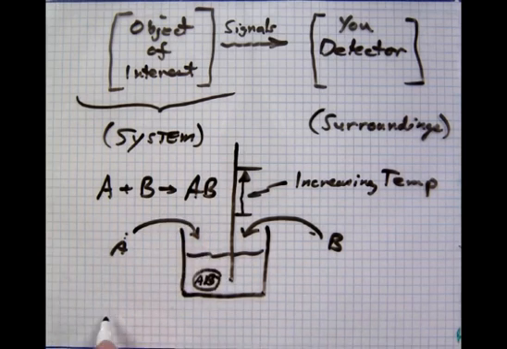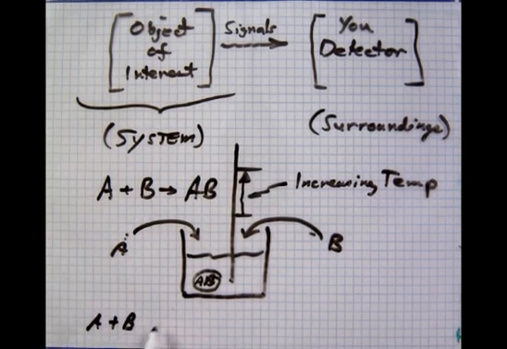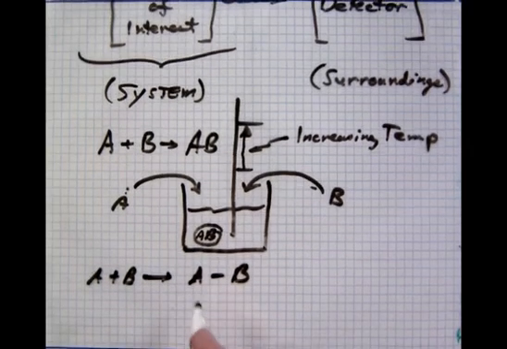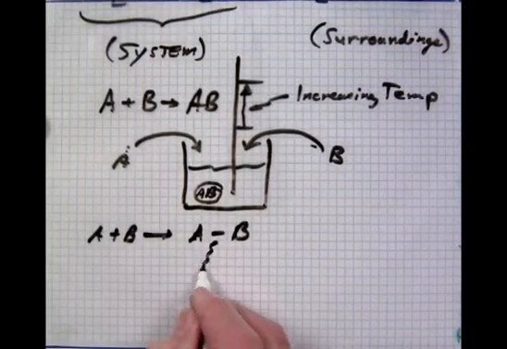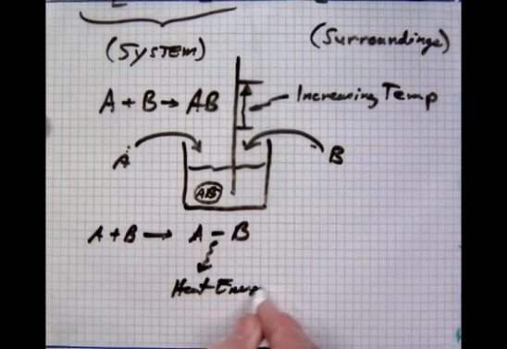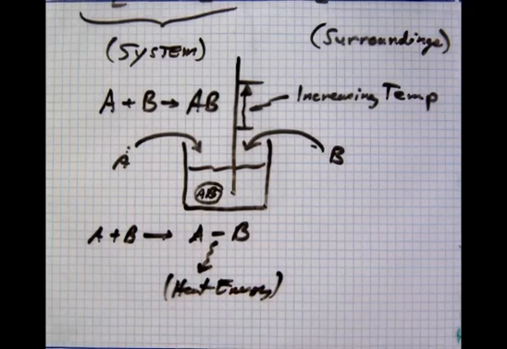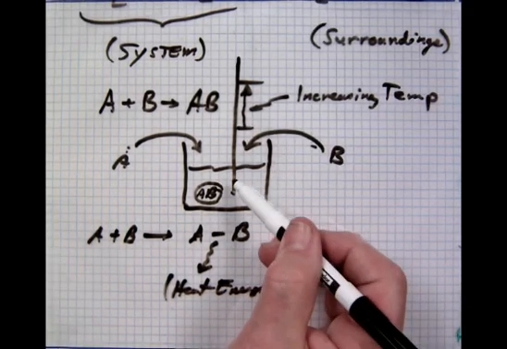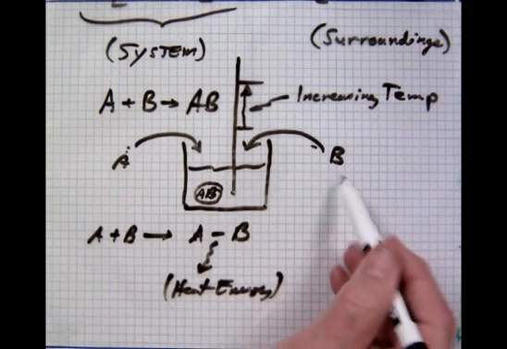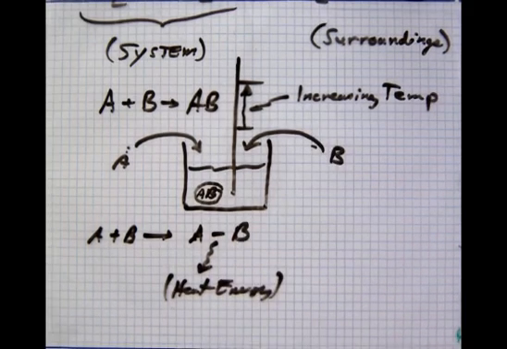So A comes together, bonded to B, and in the process gives out heat, energy, like that. Well, the thermometer, the water solvent, the beaker, you sitting outside here watching the thermometer, are surroundings. Everything else besides the object of interest is surroundings.